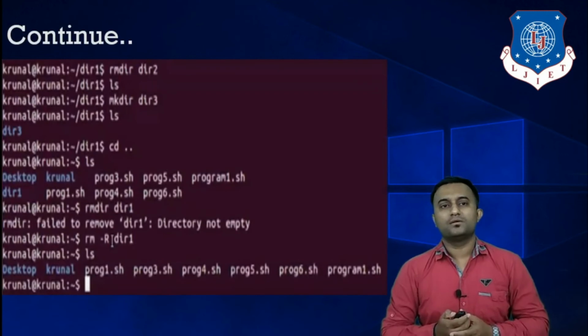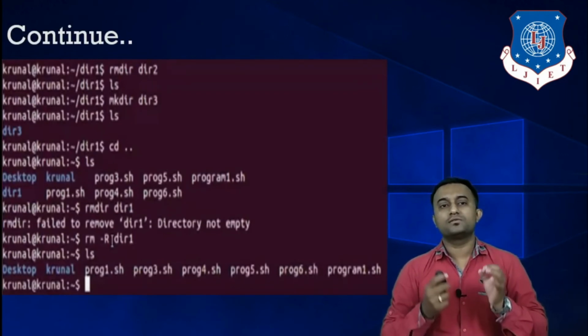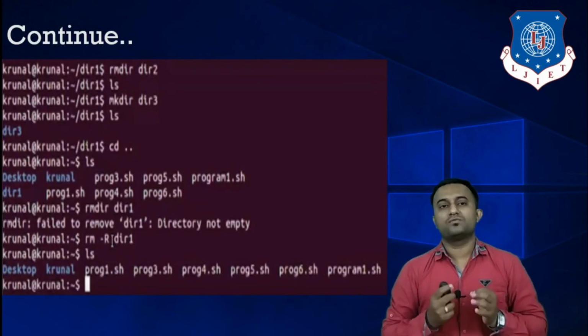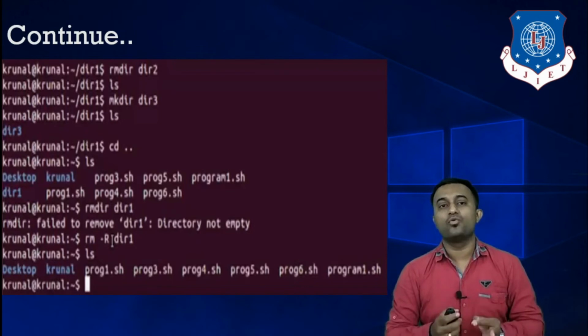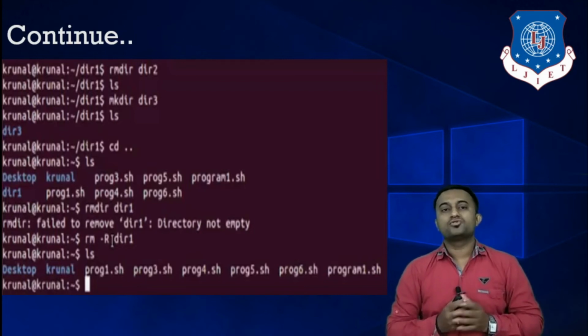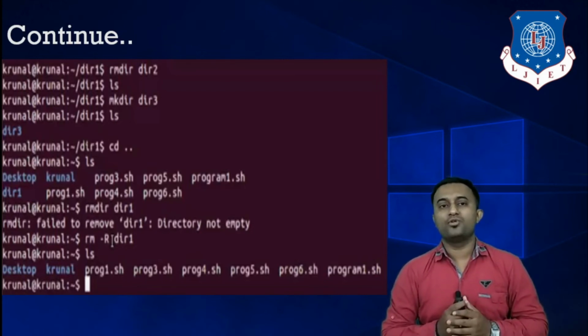Now once you have created a directory and you want to remove it, there is one more command we have, rmdir. Rm stands for remove, and dir stands for directory. So this removes directory 2.